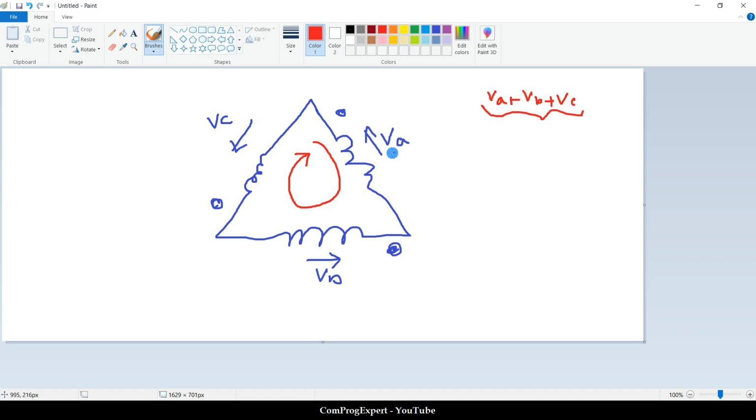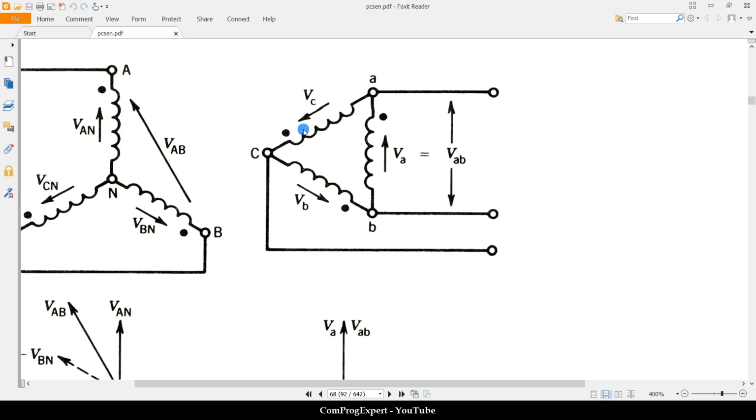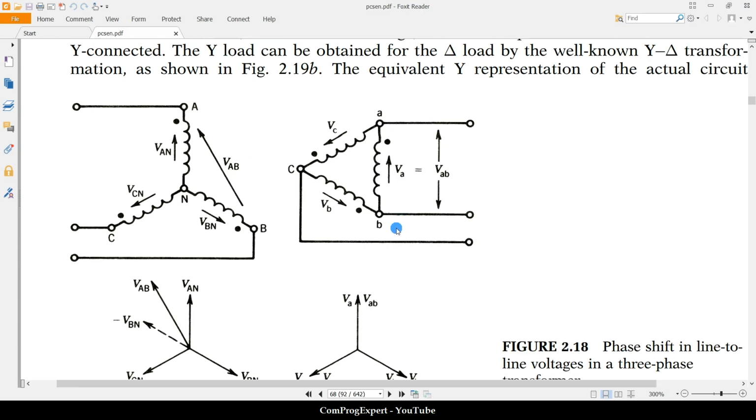But if, for example, for the C, we connect it in reverse order and we have the dot point here, in that case this summation is not zero and we will have a high circulating current. So these dot points are important.